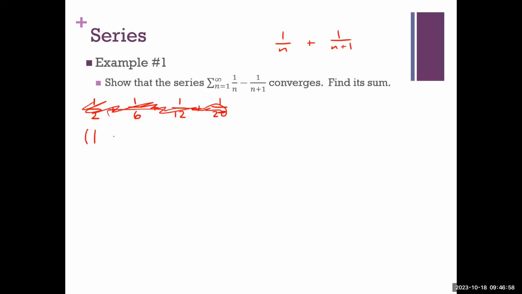Okay, so for now, I'm going to keep these things separated. 1 minus 1/2. What's the next term going to be? 1/2 minus 1/3. Let's get 2 more pairs here. 1/3 minus 1/4. Plus 1/4 minus 1/5.